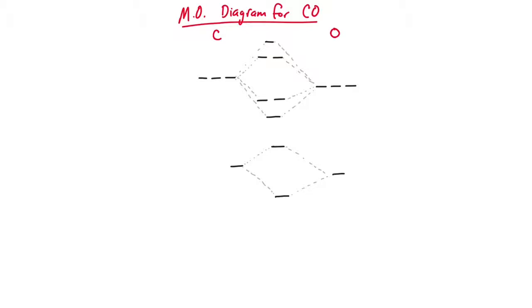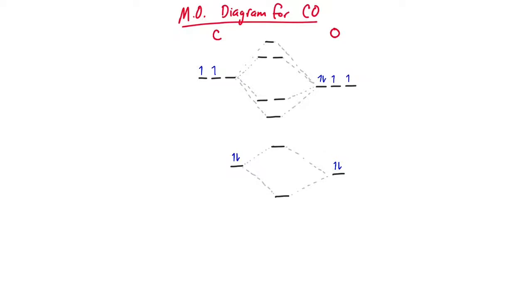So we are going to place electrons in those energy levels now. And so for carbon, we're going to have a total of 2 s electrons and 2 p electrons. For oxygen, we're going to have 2 s electrons and we're going to have 4 p electrons.